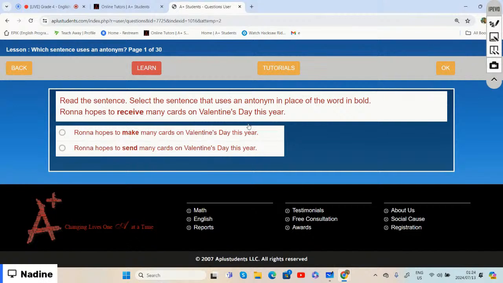What is the opposite of receive? Do we say Rona hopes to make many cards on Valentine's Day, or do we say Rona hopes to send many cards on Valentine's Day? So we need to choose the correct antonym.